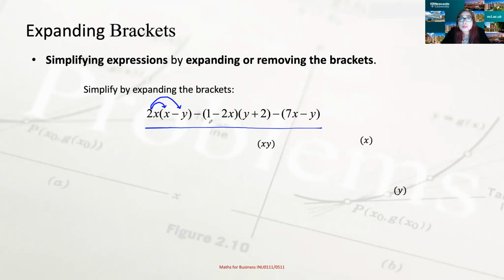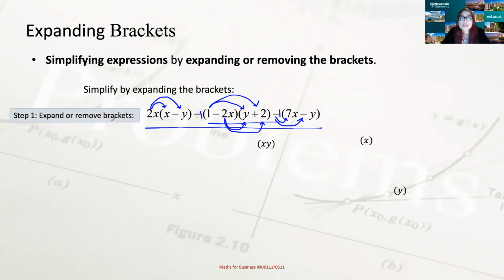Then I have to multiply these two: first 1 with this, then 1 with that. Then multiply this term with this term, and this term with that term. Here, I just have to multiply minus with this term and then minus 1 with this term. If there is just a minus, it just means minus 1. Again, be careful with the negative sign here.